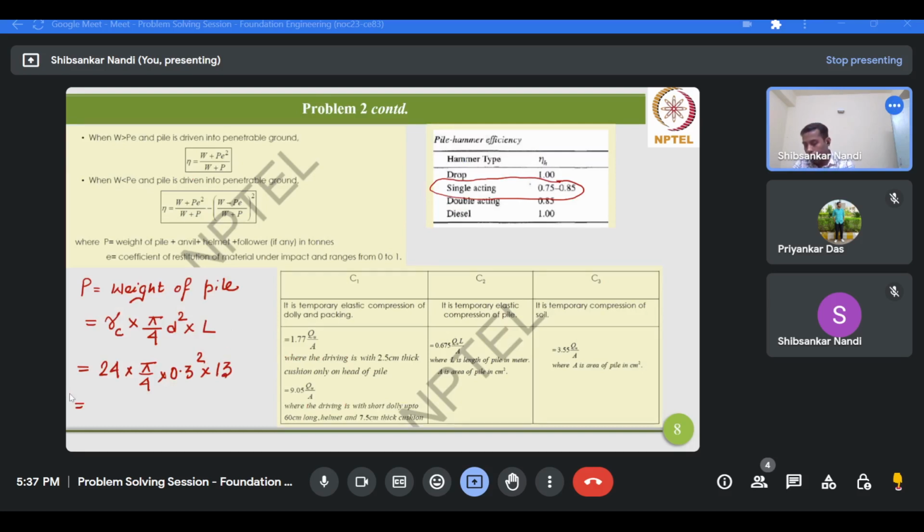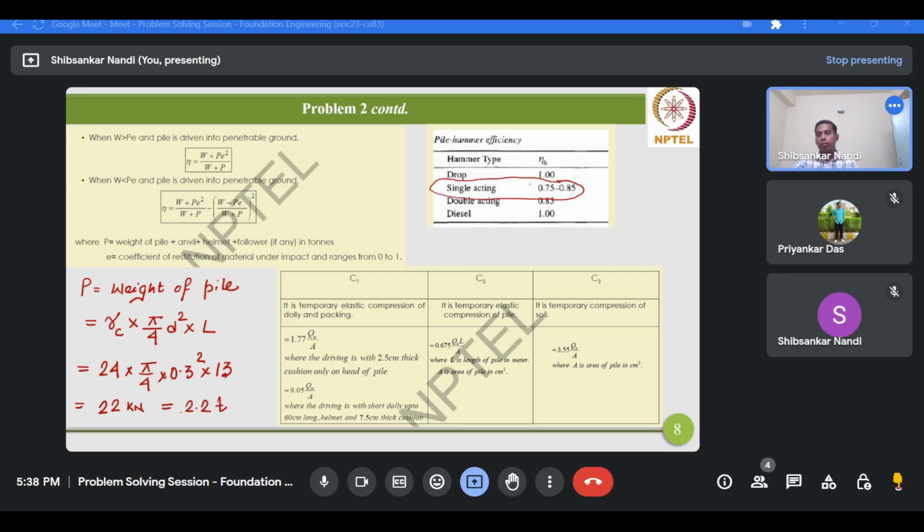So pi into 0.3 square into 30 divided by 4 into 24. This will give you the pile weight as 22 kilonewton. So that means 2.2 ton.